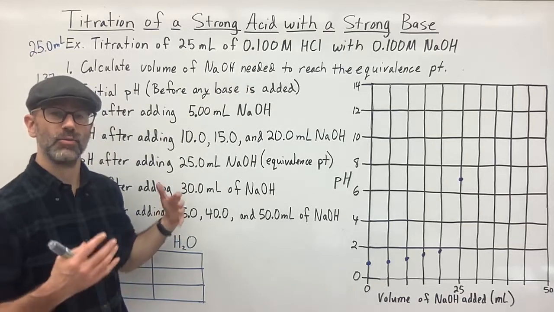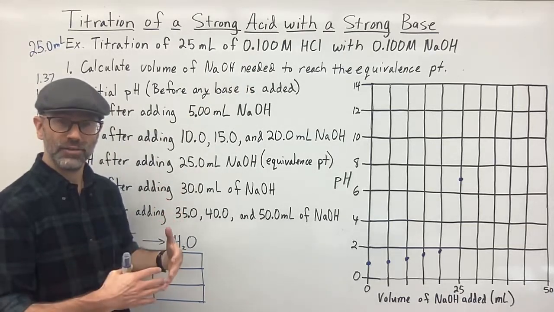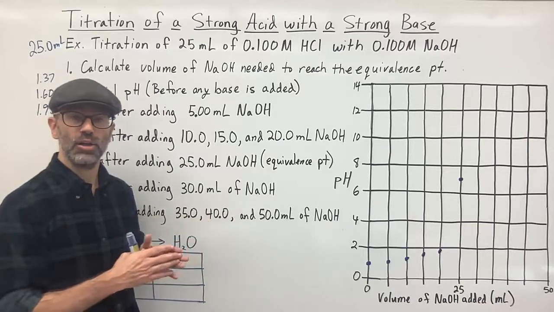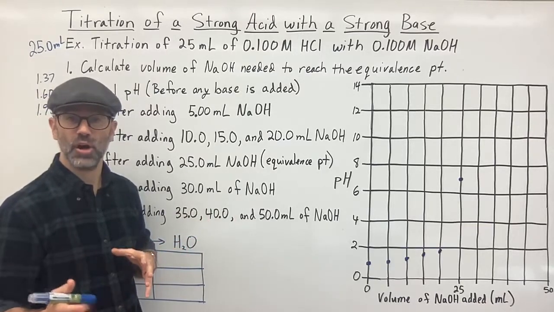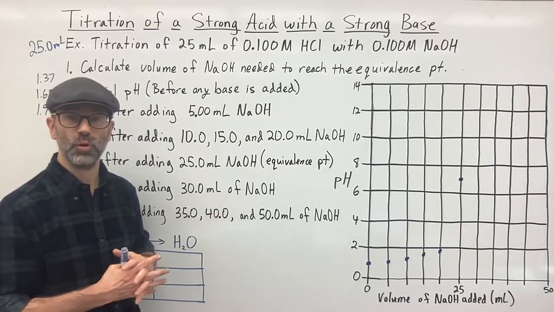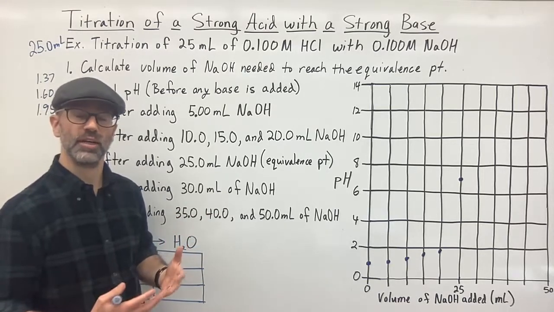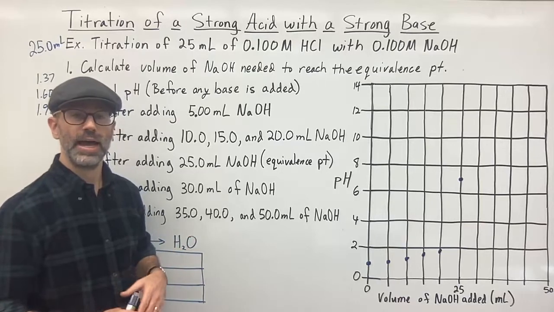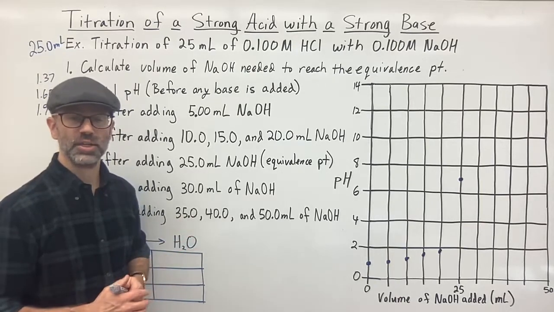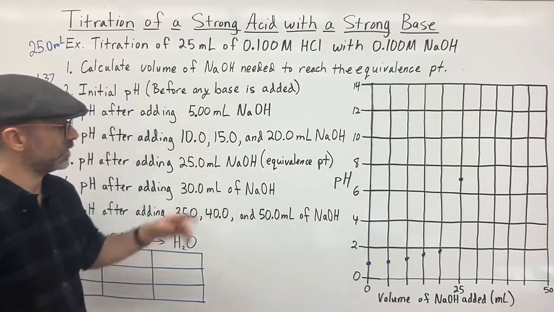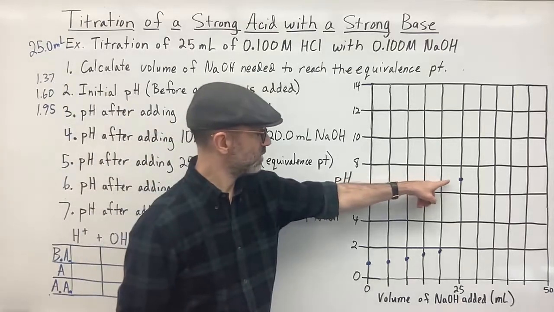So we neutralized the acid, no more acid, all of the OH minus is gone, all of the H plus is gone, so what's left is water. And so the pH of the solution is now the pH of water, and we're assuming 25 degrees Celsius. At 25 degrees Celsius, the pH of water is 7.